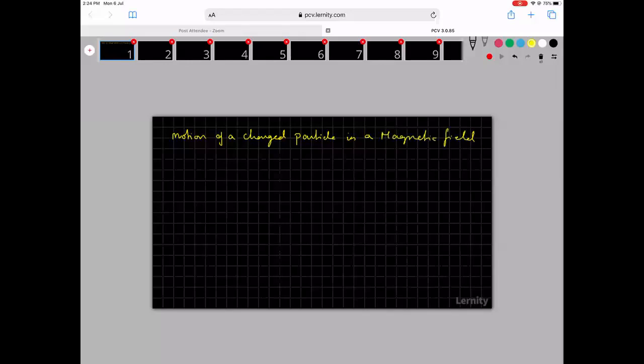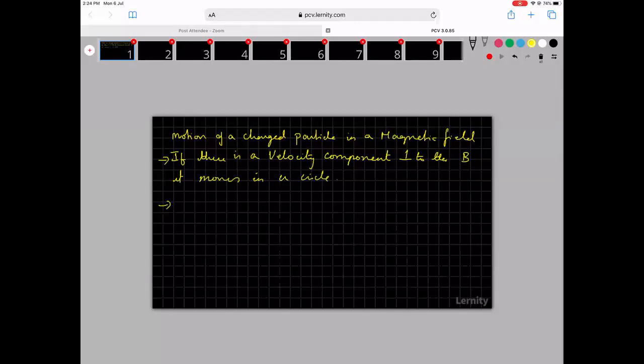And I think I was able to tell you that if there is a velocity component perpendicular to the magnetic field, the particle moves in a circle.